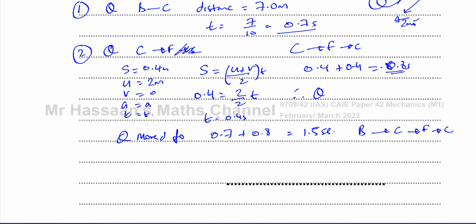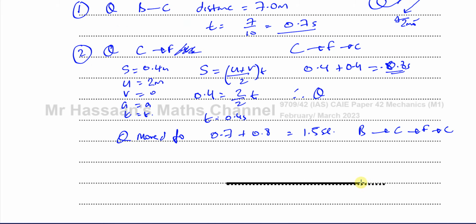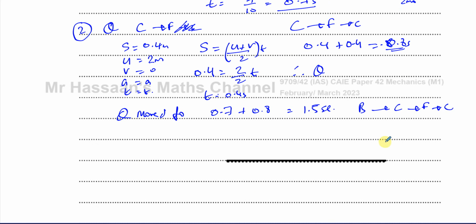This is a bit of a tough question. I think it's the last question of the paper, it probably is, that's how they normally give them. Sometimes you don't even get time to finish. It's a bit of an involved question, but it's doable, it's just going to take some time. So you've got Q here after it has gone through this journey. This is 1.5 seconds after it was hit by P.